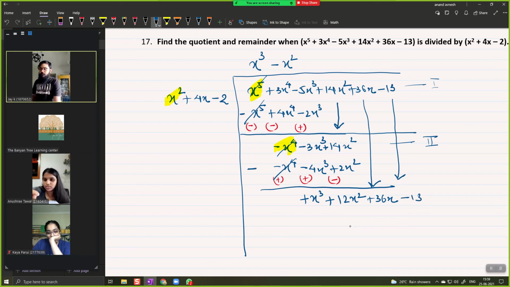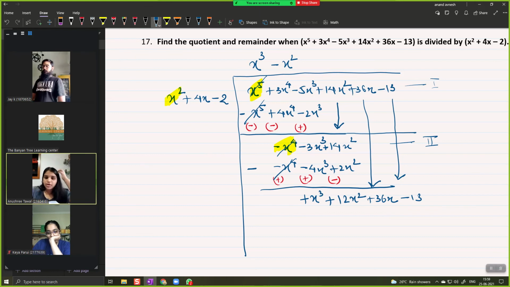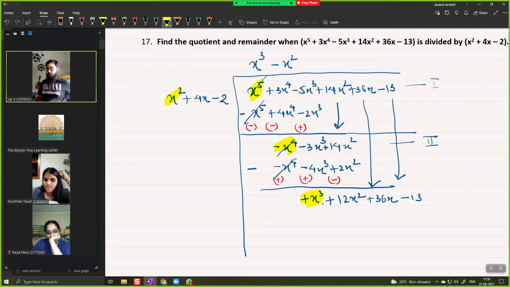Now tell me the next step fast. Now we'll divide plus x cube by x square. We always divide the first term of the dividend by the first term of the divisor.